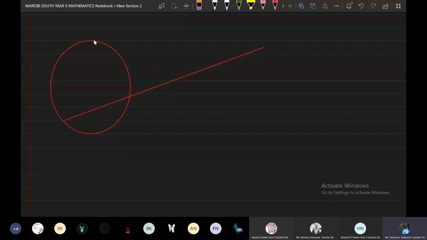So this is P, T, A, B. Now, this is P, and this is P plus 7, and then this is 12. Try that. Find the value of P.